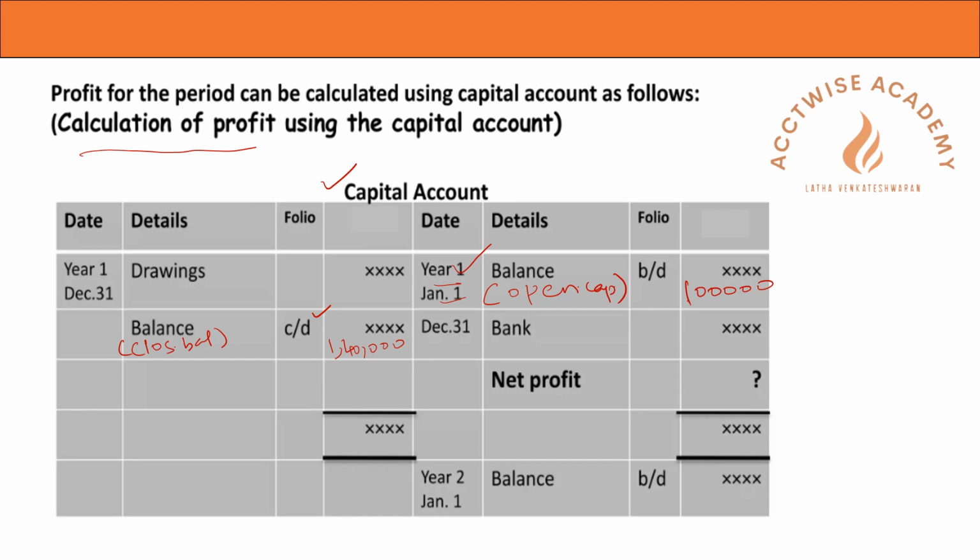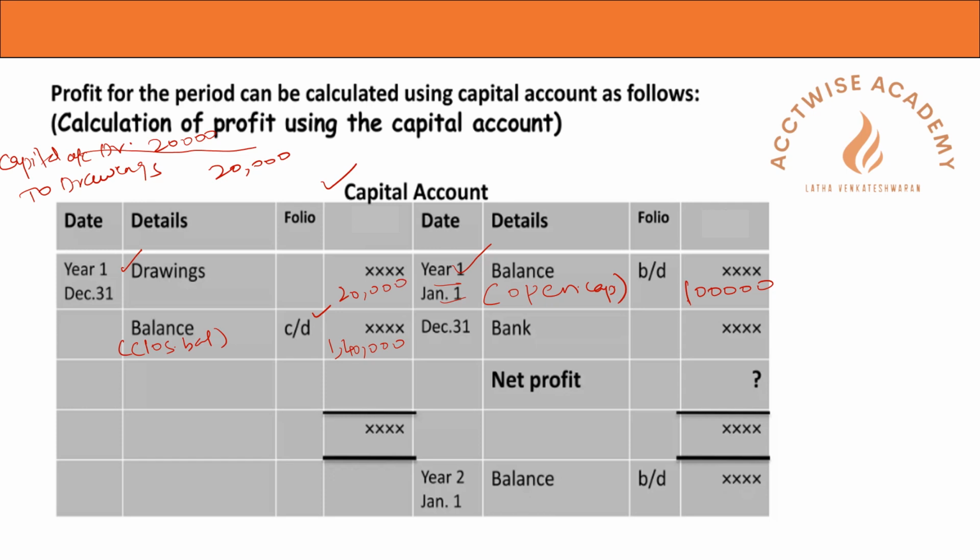Then we saw some drawings was withdrawn from the business. So what is the entry for drawings? The entry is capital account debit to drawings. Amount was 20,000. So here to drawings we write 20,000.